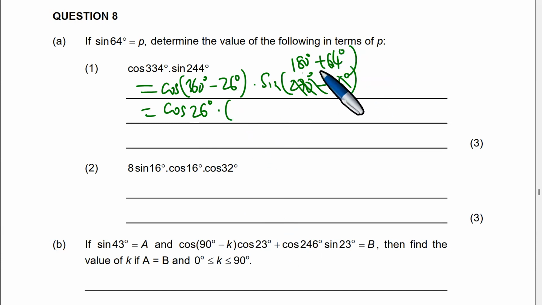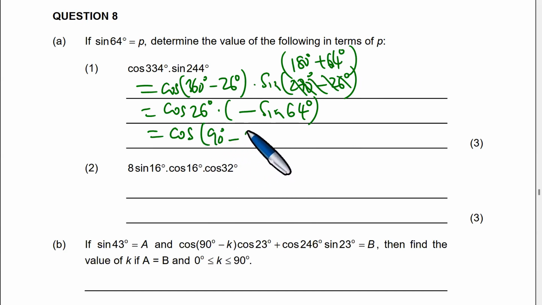It's in the third quadrant, so it's minus the sine of 64. So this one is like the cosine of 90 degrees minus 64, minus the sine of 64 degrees.